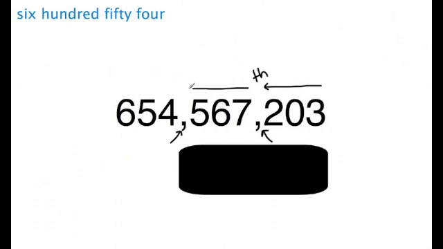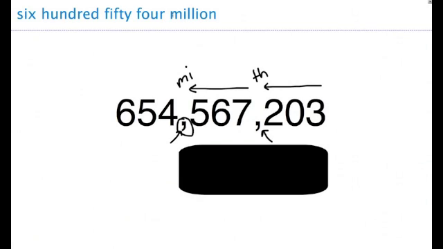Keep going. The next comma or the next period is the millions comma. Okay? So I know that this comma says the word million. So I'm going to go back to my word form.